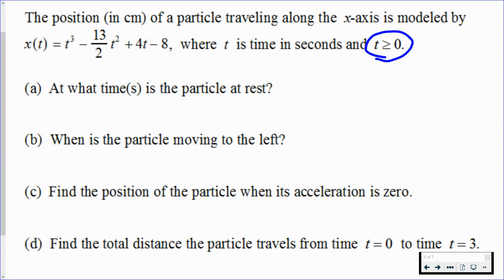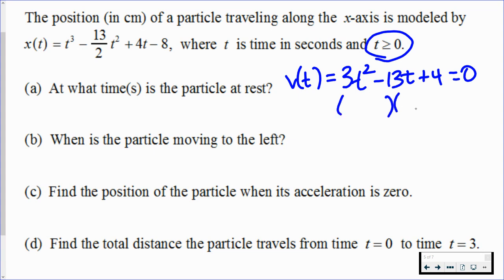For part A, at what times is the particle at rest? So remember what we just said in our graphic before. At rest means velocity equal to 0, first derivative equal to 0. So we need to take that derivative to find velocity. We would get 3t squared minus 13t plus 4. Now we want to set this equal to 0.